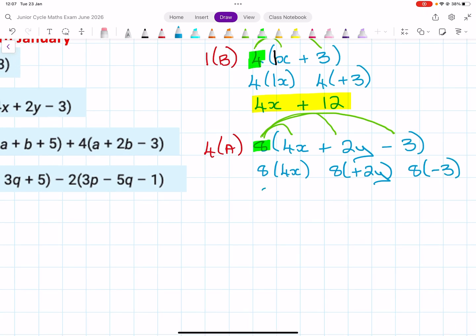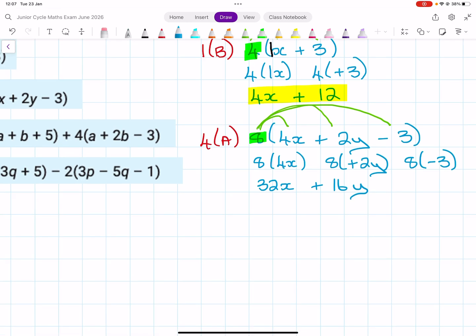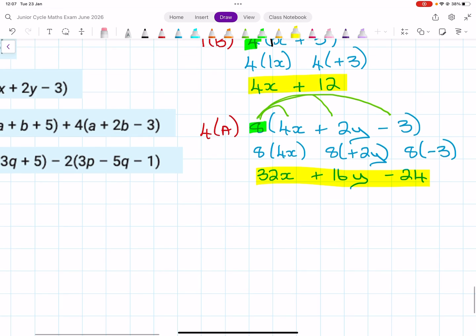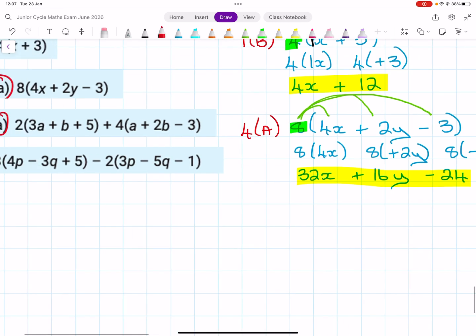So I have 32x, then I have 16y, and then minus 24. And again, they are three different families. So the x family, the y family, and then the number family, I suppose. So I can't go any further.